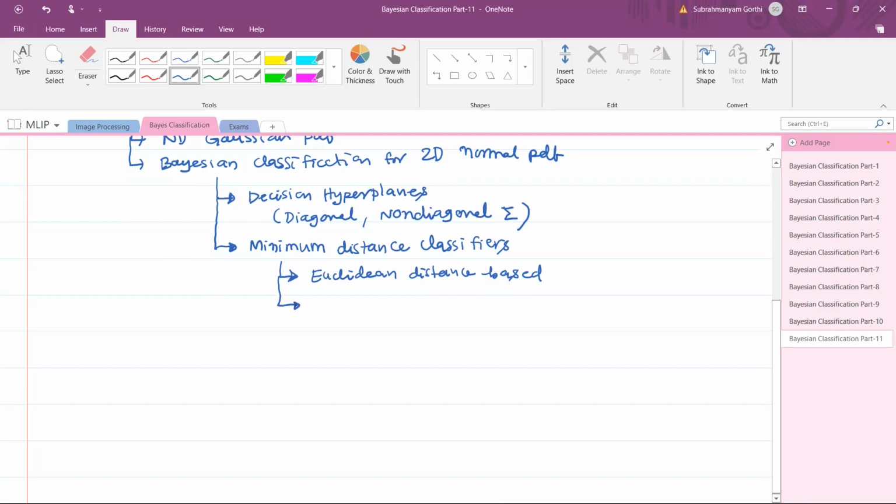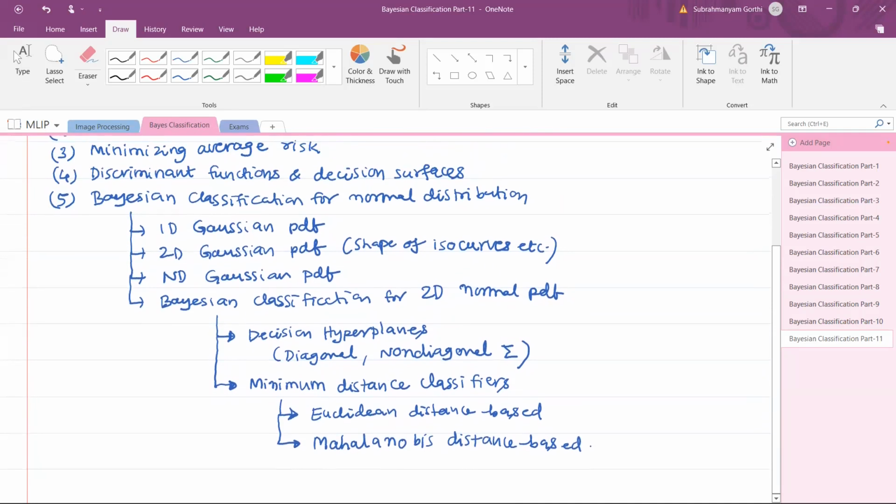And then we also discussed the Mahalanobis distance based classifier.